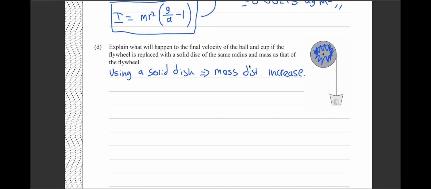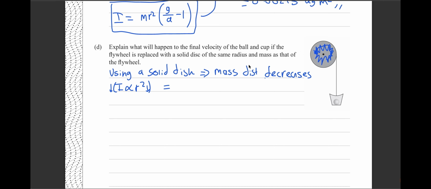And since inertia is proportional to the distance squared, your mass distribution increases, and so what happens? Oh, sorry, that's wrong. It decreases, not increases. So actually your inertia will go down as your distance on average has gone down.